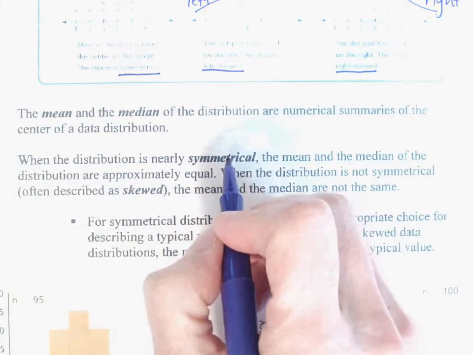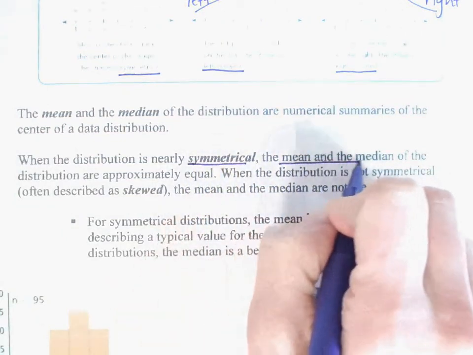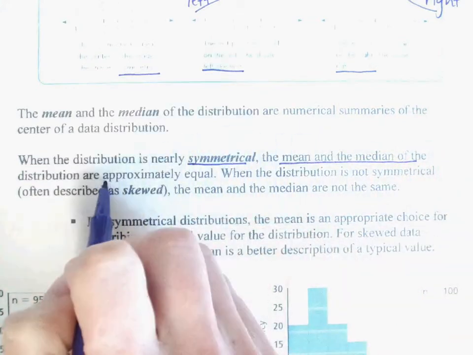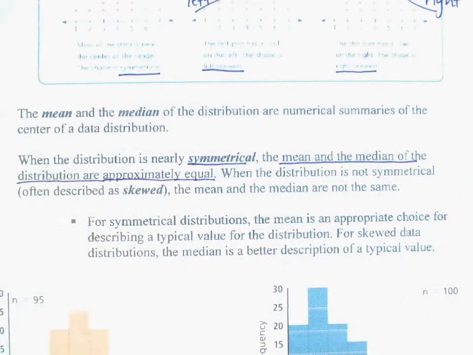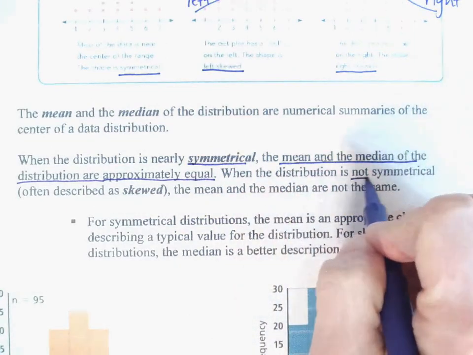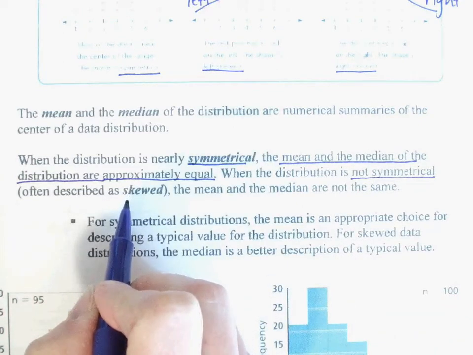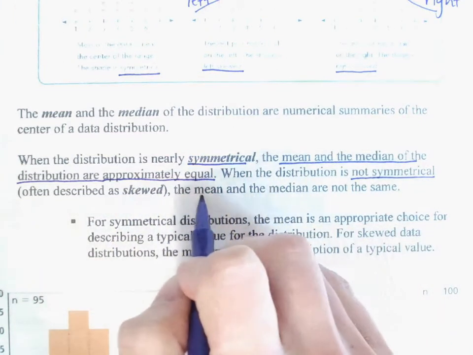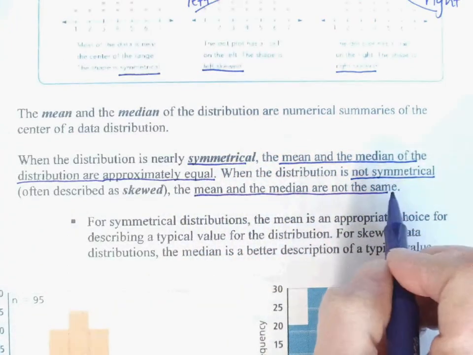When it is nearly symmetrical, the mean and the median are approximately equal. When the data distribution is not symmetrical, often described as skewed, I'll be using that a lot, obviously the mean and median are not the same.